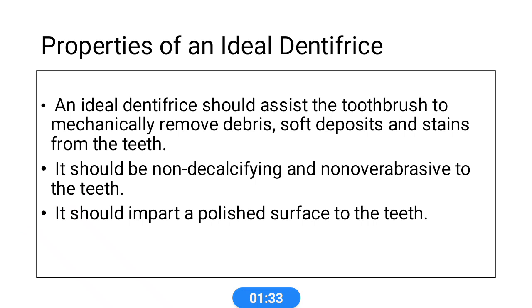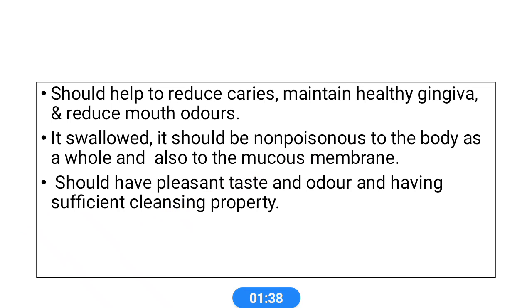These are the main criteria for an ideal dentifrice. It should help to reduce dental caries, maintain healthy gingiva and reduce mouth odors. It should be non-poisonous to the body as a whole and also to the mucous membrane. It should have pleasant taste and odor and sufficient cleansing property.